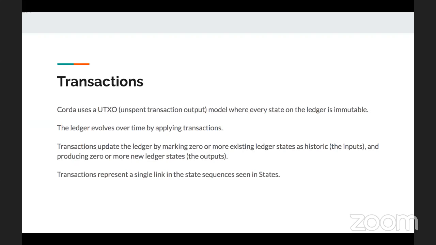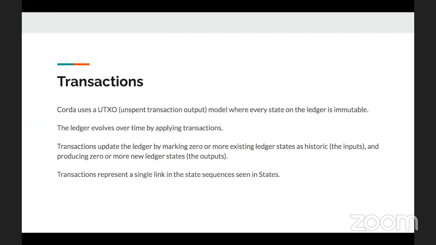We mentioned that Corda uses the UTXO model where every state on the ledger is immutable. And the ledger evolves over a period of time through applying transactions. Transactions update the ledger by marking 0 or more existing states as historic. So during transactions, either 0 or more states are termed as historic, producing 0 or more ledger states.